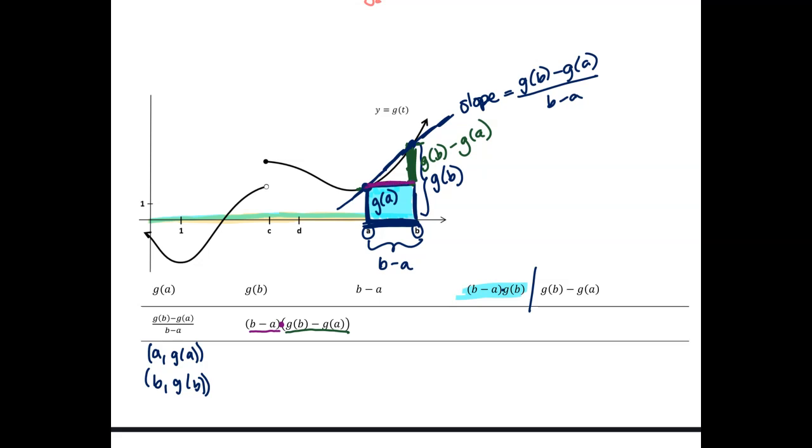So we're multiplying this length right here by the green height, and I did move that up to the top on purpose. I don't want to have it start all the way from the x-axis because then the height of my rectangle would be G of B. In order to make the height of my rectangle G of B minus G of A, I'm just going to tack my rectangle on top right there. So that area right there is B minus A times G of B minus G of A.